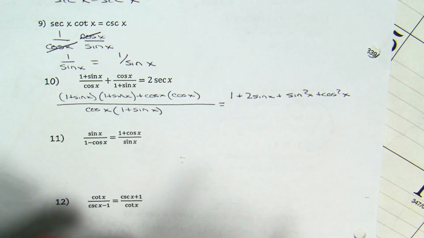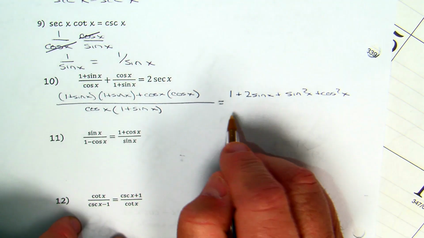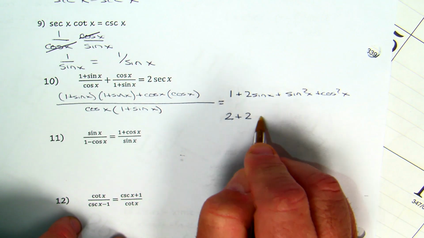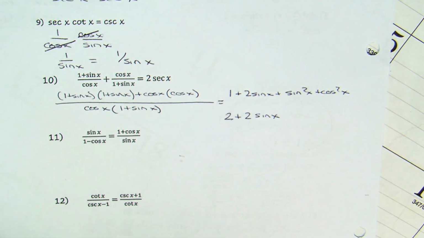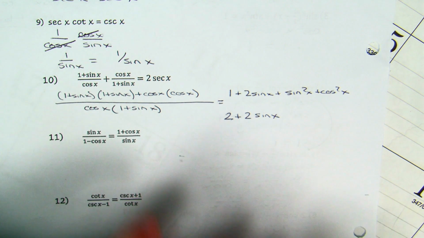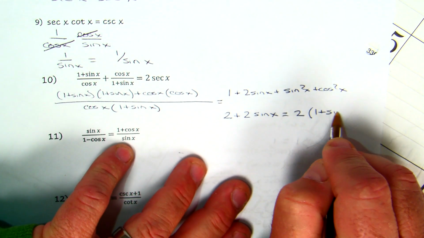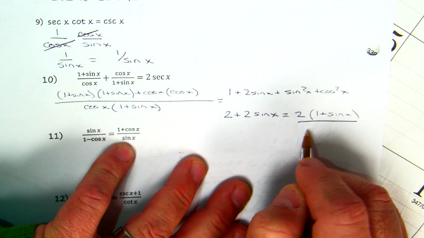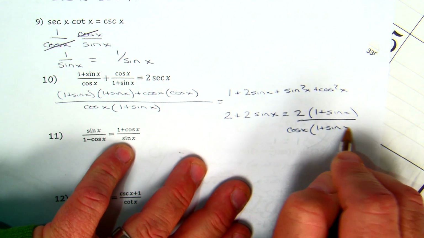Alright. Sine squared plus cosine squared is 1. 1 plus 1 is 2. So I have 2 plus 2 sine x. So I'm just focusing on my numerator. Do they both have 2's in them? You bet you. So I got 2 over 1 plus sine x. Now I bring back my denominator. Cosine x over 1 plus sine x.